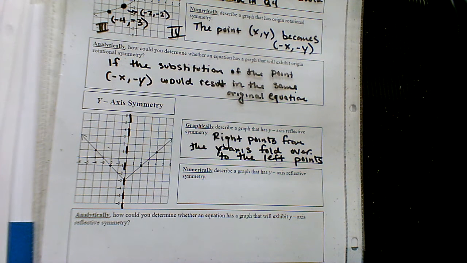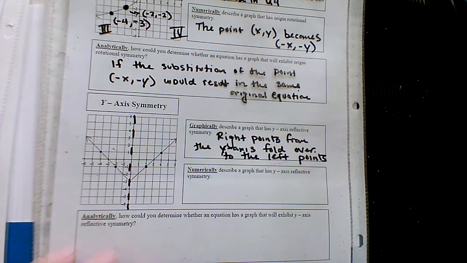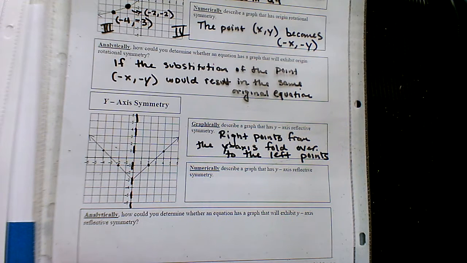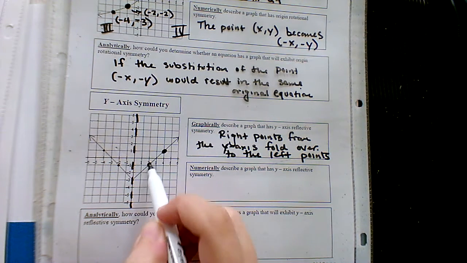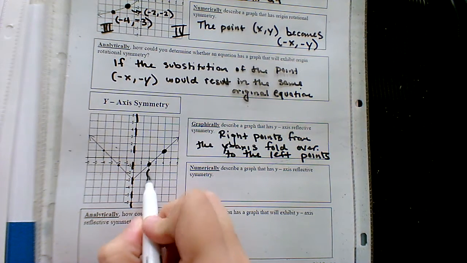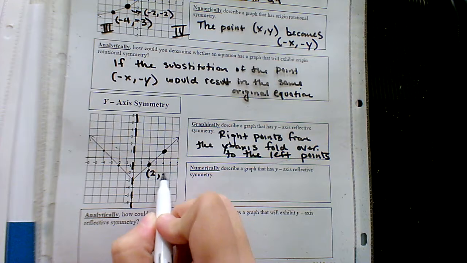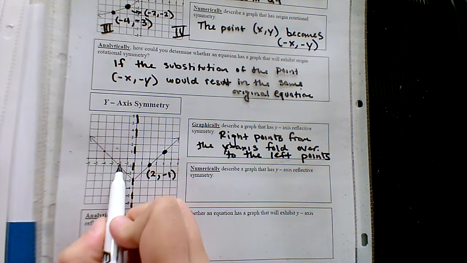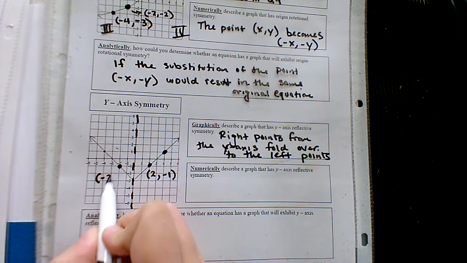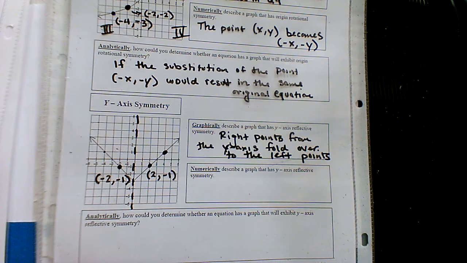Again, I think that's a little simple for us because we have that visual. Okay, we have that picture. If we dive a little deeper into those points, getting a little bit more specific than this general folding or matching idea, let's look at the numbers. So this first point has ordered pair 2, -1. If we fold it over, yeah? Would it just be x, y becomes negative x, y?